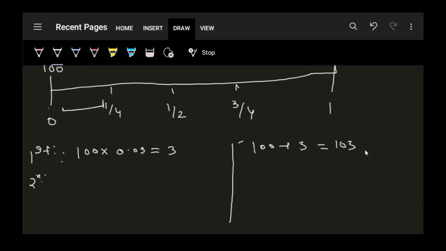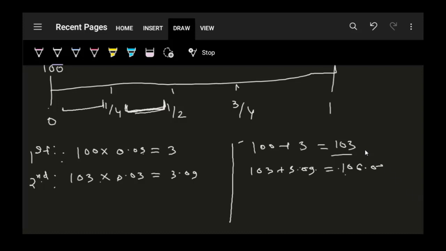Similarly, at the end of second quarter, I will earn interest on this amount, and again the rate applicable will be 3% for this time duration. So this time I am earning 3% on the next second quarter, and the interest amount will be 3.09, and my total amount will be 106.09.